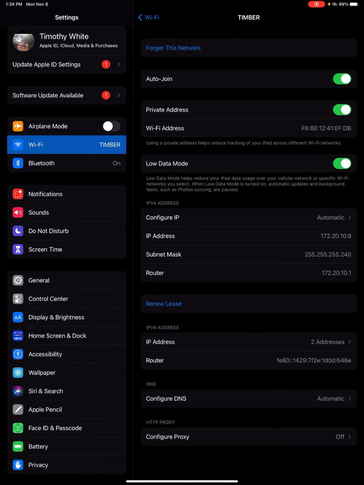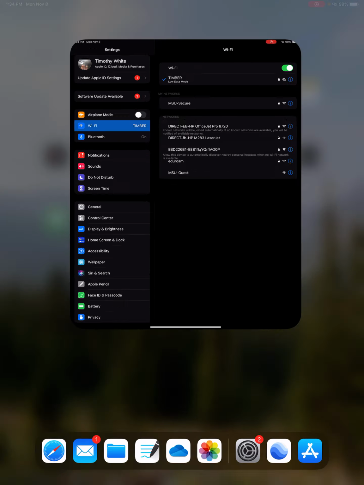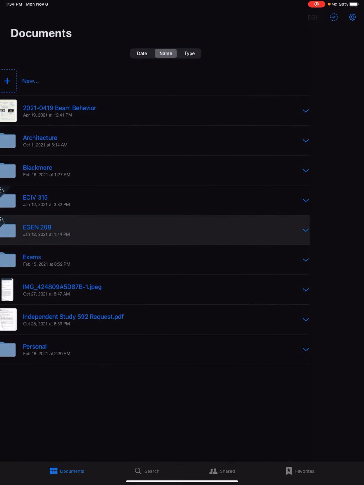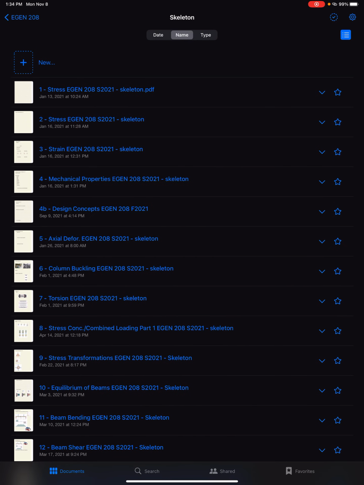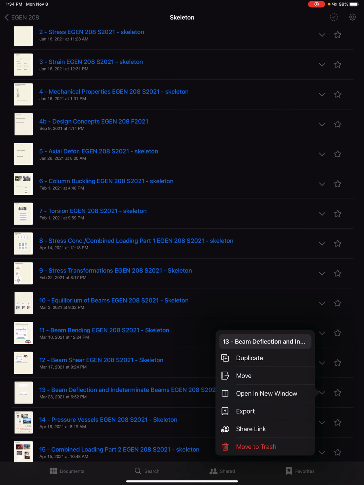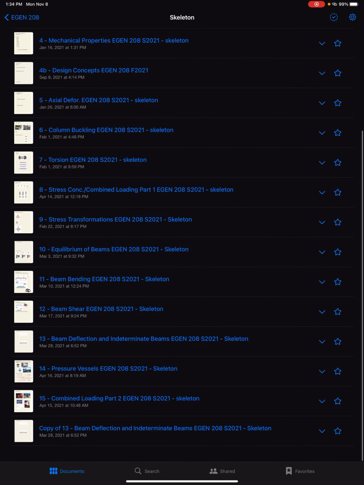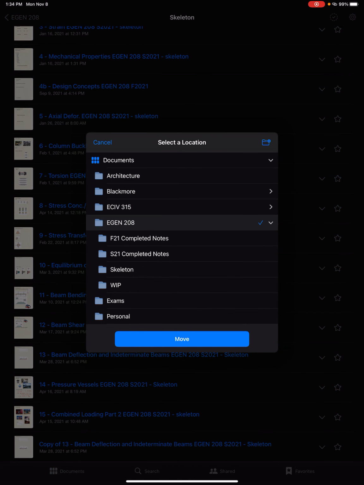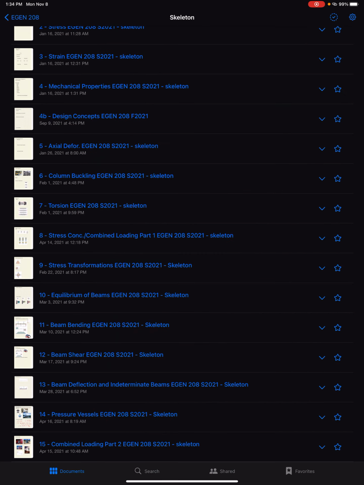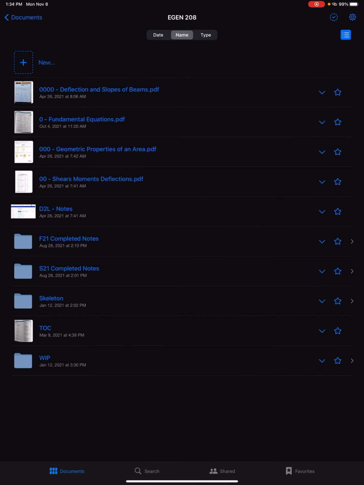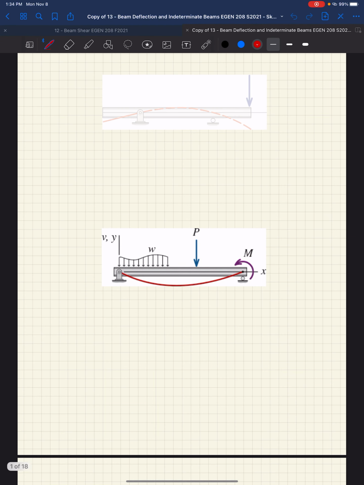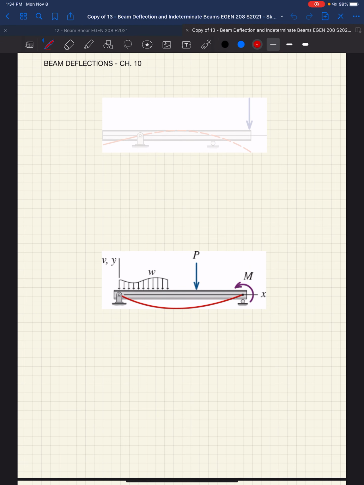Should be connected. Boom. Did it. Not fast enough? Too fast? Slow down.